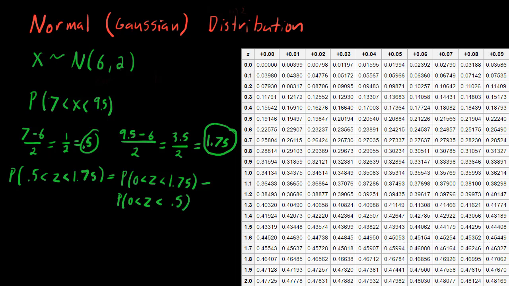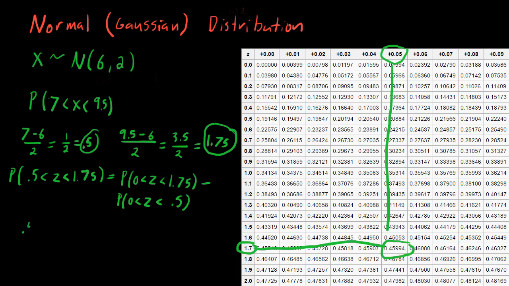So we just need to find those two values on our z-table. So we'll go 0 to 1.75. So we find our 1.75, we find 1.7, we find 5, we find out where they meet, which is right here, of 0.45994.